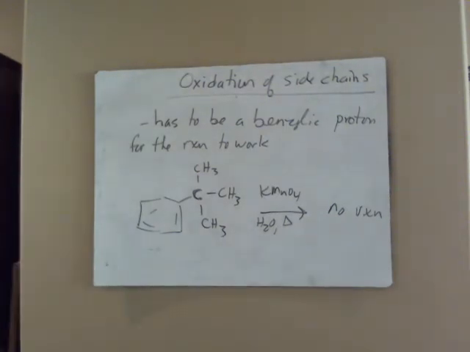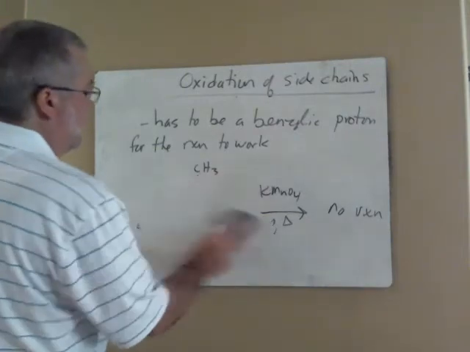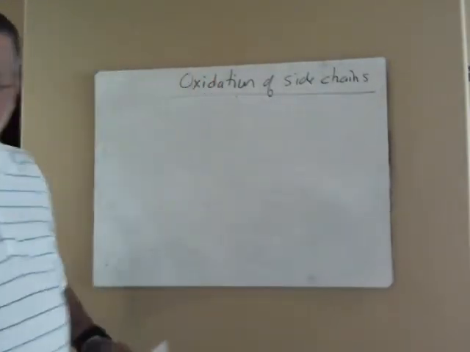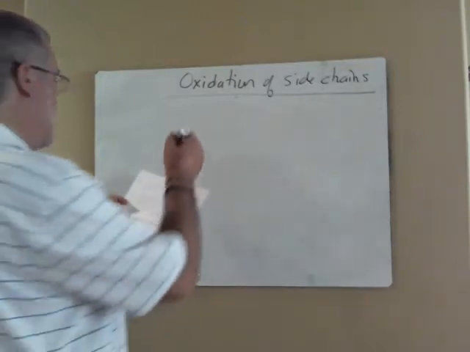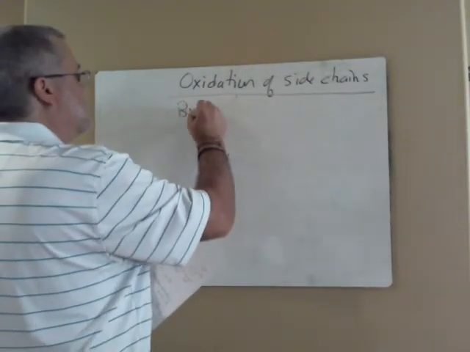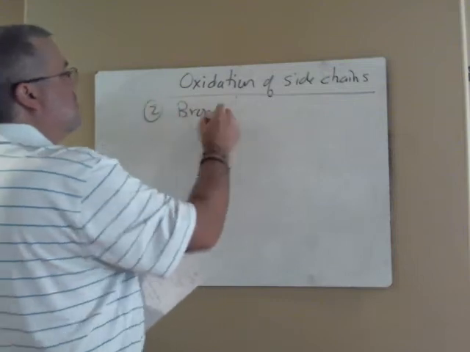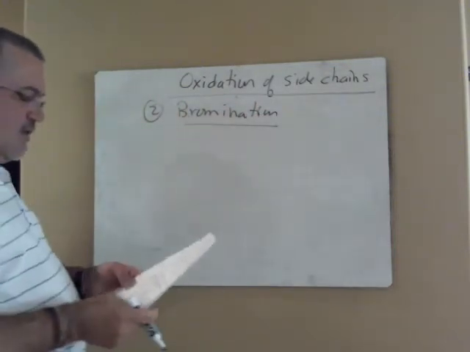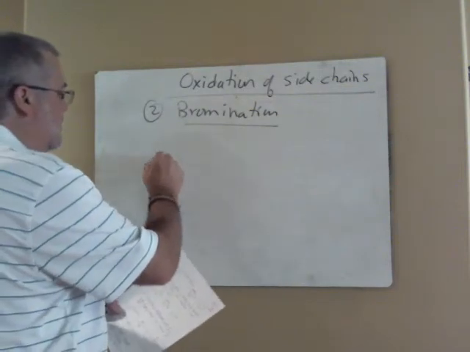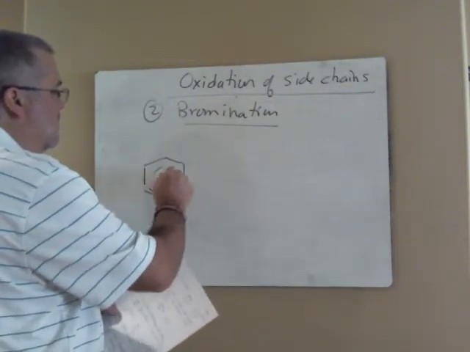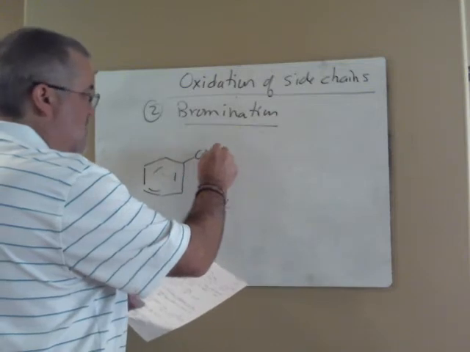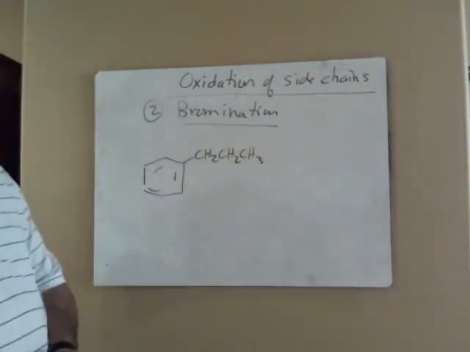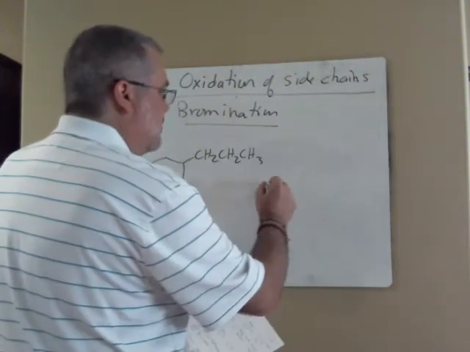Okay? Next oxidation that can occur on a substituent of the aromatic ring is bromination. And again, this is going to happen in the benzylic position. So if you have this alkyl benzene, you can react it with NBS.